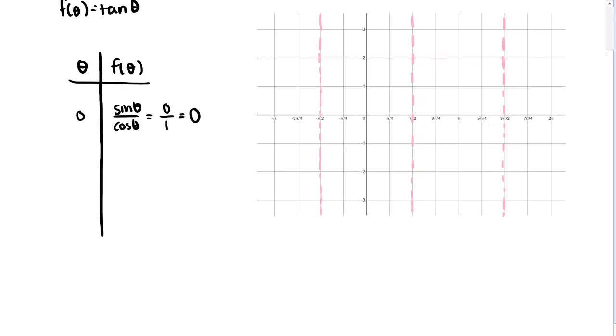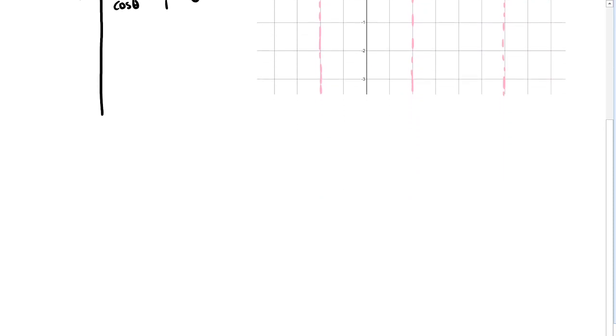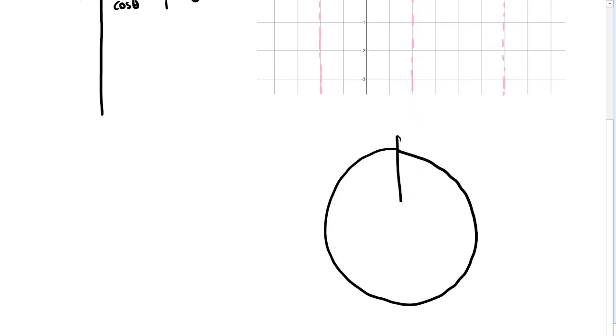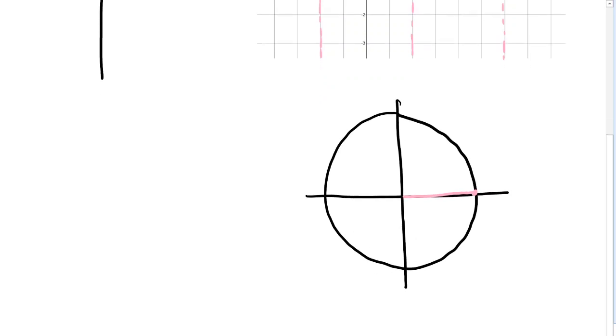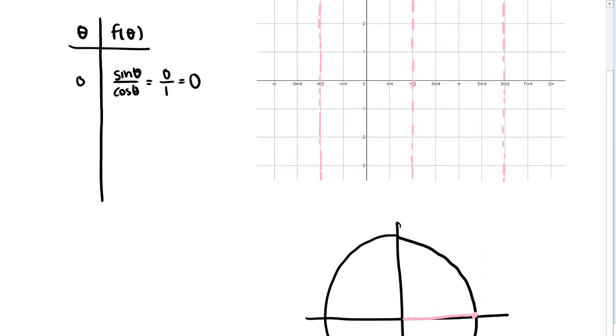So this comes out to be 0, and it makes sense, right? On the unit circle, maybe I'll have a unit circle just drawn out here for us to refer back to. If we look at an angle of theta equal to 0, the slope of this angle is going to be 0. So tangent of 0 is 0.